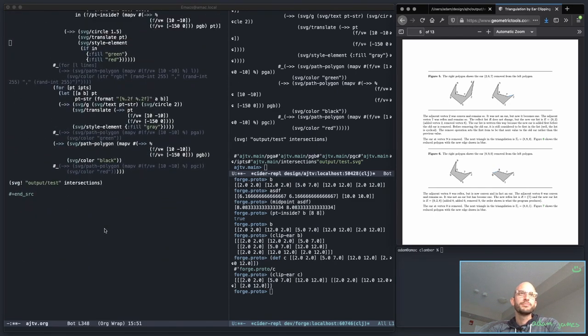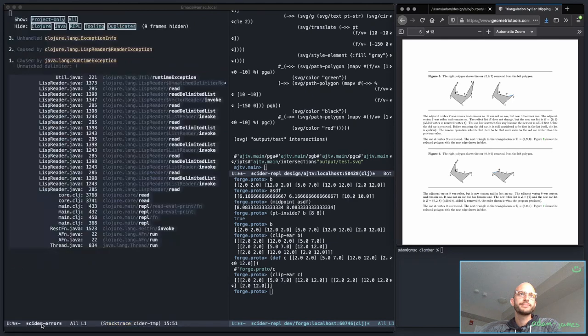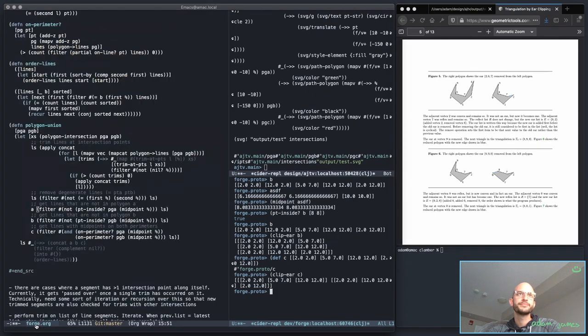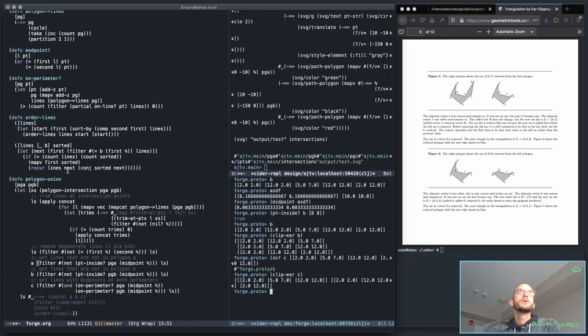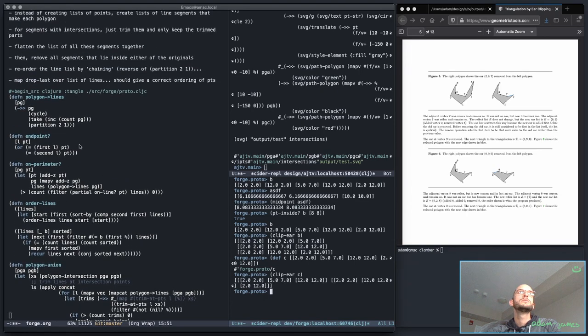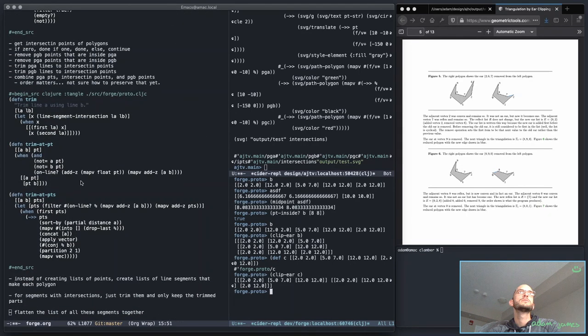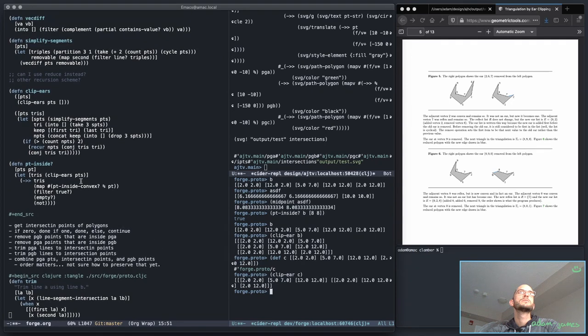Let's see if I can make a predicate for that. Oops. There we go. Oh, wait, did I? This is still going to be wrong. Clip ear and clip ears, I think, are the same. I just accidentally doubled up. Anyway, not a big deal.